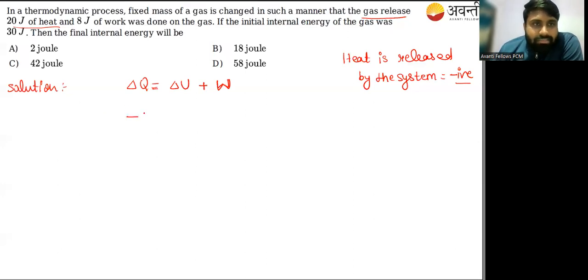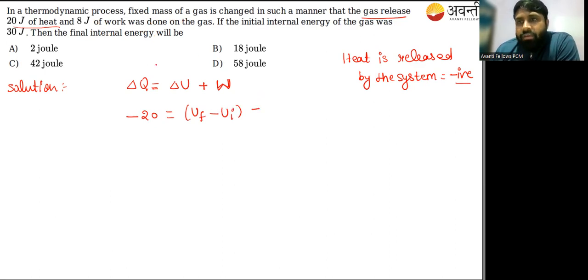So it is minus 20 equals delta U, you can write U final minus U initial, plus the work done on the gas. If work is done on the gas, it is also taken as negative. If work is done by the gas, it is taken as positive. So it is minus 8 joule.